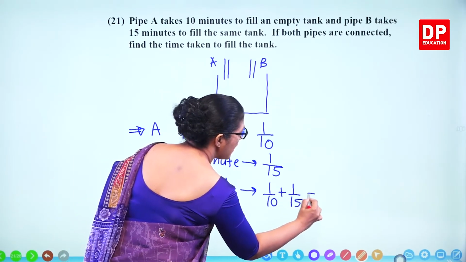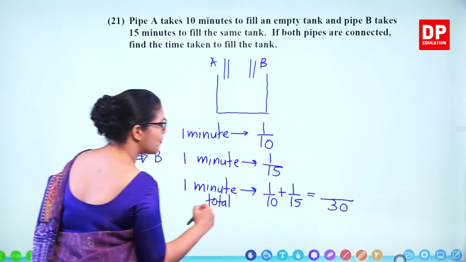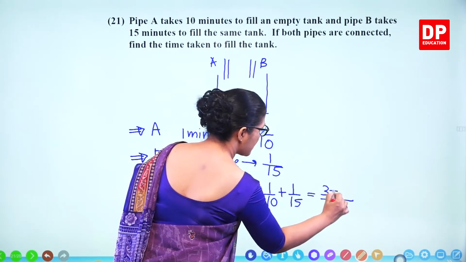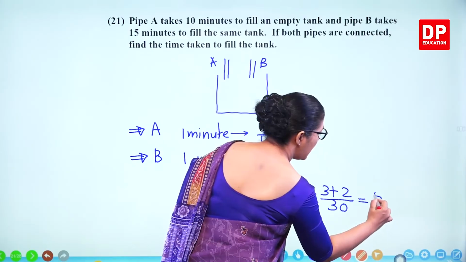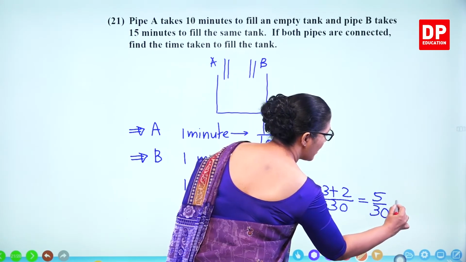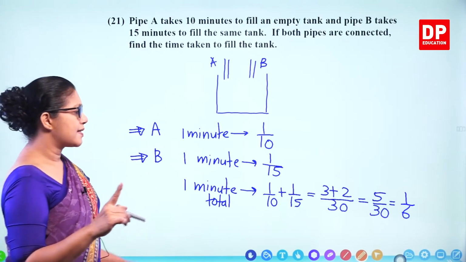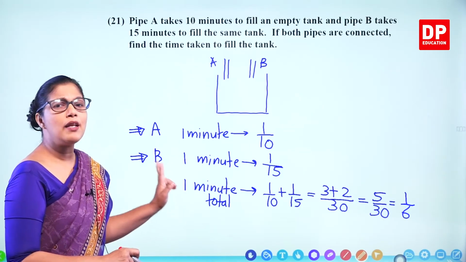When you take the common denominator, that's 30, the lowest common multiple of 10 and 15. 10 times 3, so 3, plus 2 times 15, so 2. 5/30, when you simplify, you get 1/6. 1/6 means 1/6 of a tank filled within 1 minute.